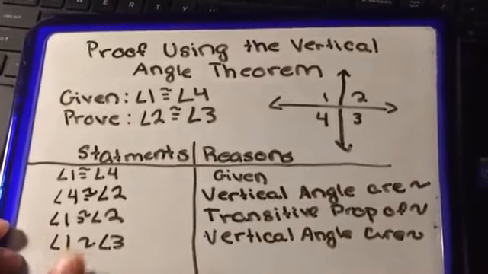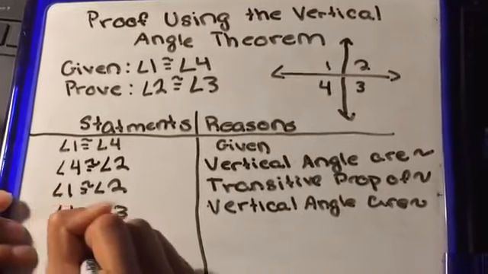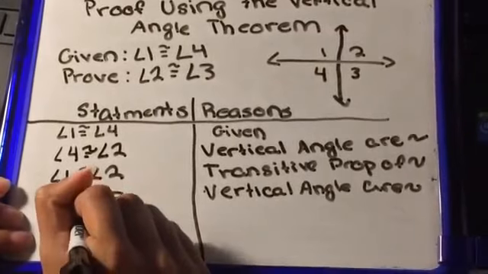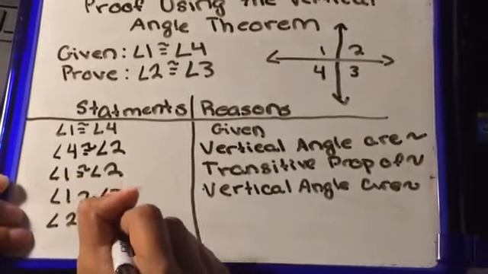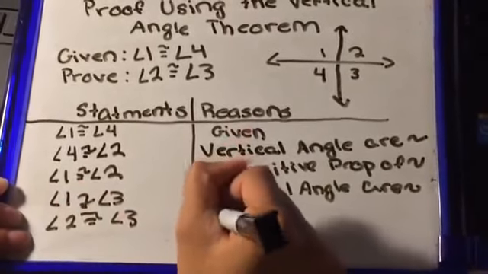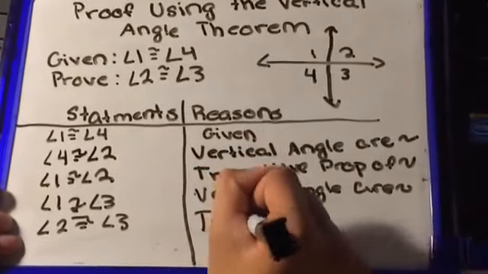And lastly, we know that angle 2 is congruent to angle 3 because of the transitive property of congruence.